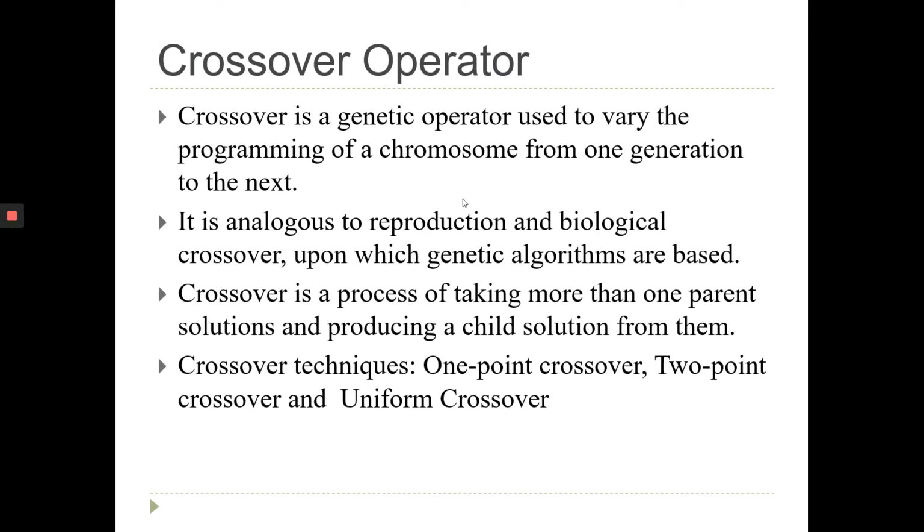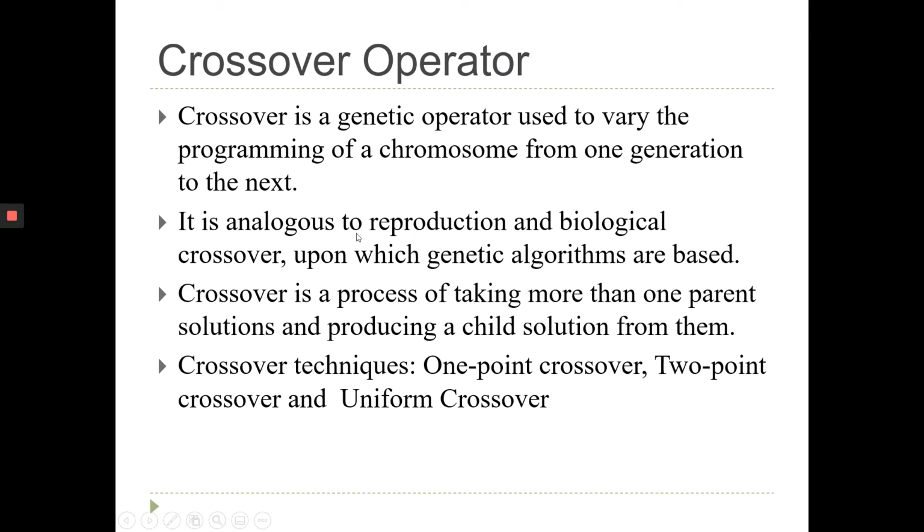In the crossover operator, you should select two parents or two chromosomes. There can also be different approaches and strategies that can be used to vary the programming of chromosomes from one generation to the next.